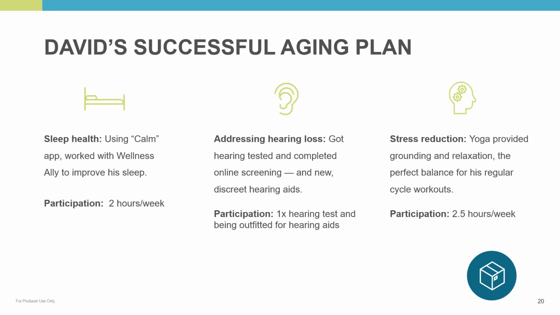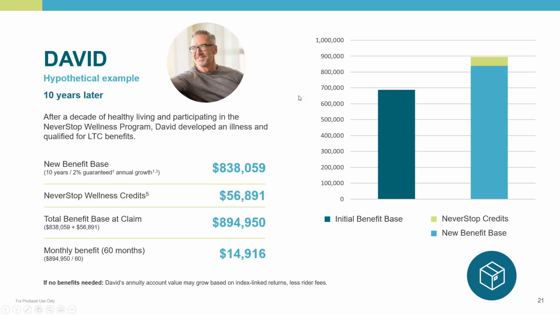And then stress reduction: he simply wants to live a more stress-free life, so yoga provided grounding and relaxation, a perfect balance for his regular cycling workouts. He participates 2.5 hours per week. This is his successful aging plan as he's put it into place with the folks at Assured Allies. So let's fast forward and look 10 years later.